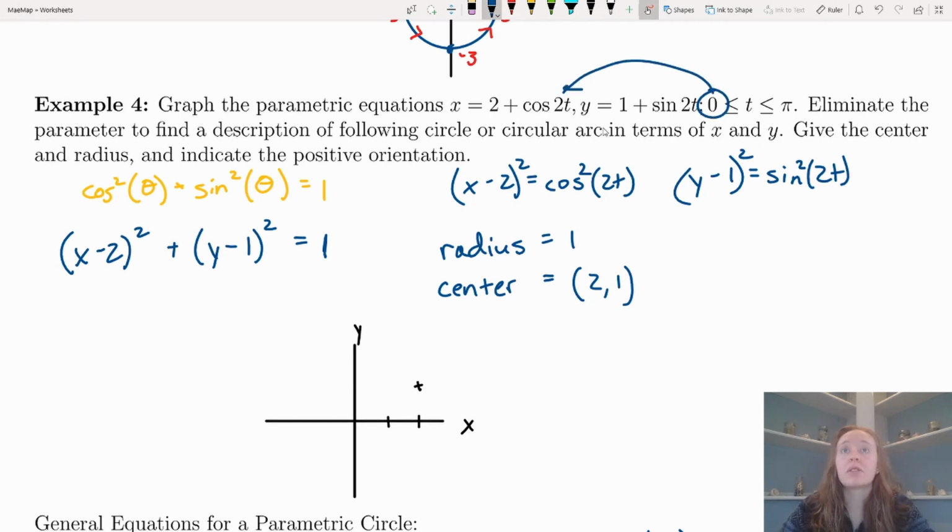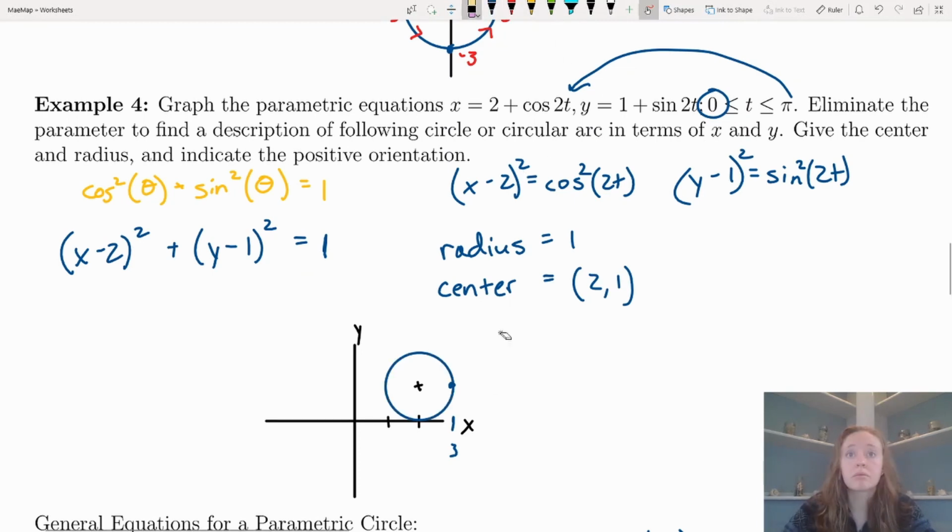Plugging in 0, cosine of 0 is 1, 1 plus 2 is 3, so when x is 3, remember with that radius of 1, I'm going to be here. And plugging in pi, cosine of 2 pi again is 1, 1 plus 2 gives me 3, so I'm going to be right back. And remember that direction b is positive, so we're moving counterclockwise.